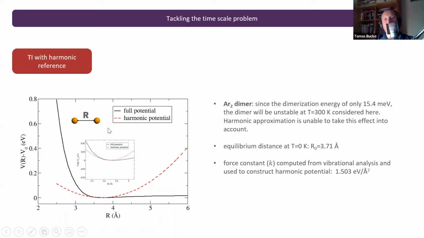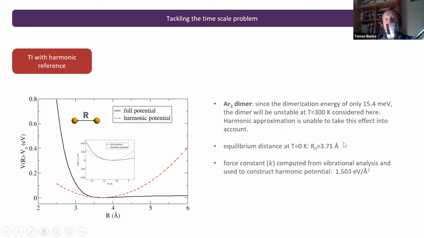This is a quasi one-dimensional problem because the whole problem can be formulated only in terms of one single internal coordinate, which is just the distance between the two argon atoms. Since the dimerization energy of argon is very small, only 15 meV, you can expect that the dimer is unstable at room temperature, which we considered in our calculations.